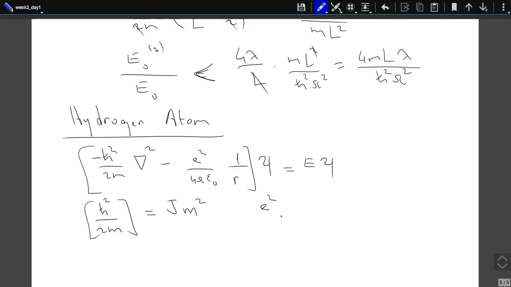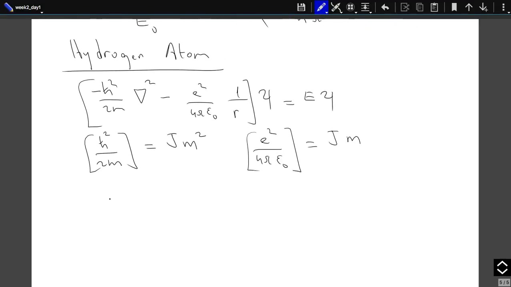What's the unit of e squared over 4 pi epsilon 0? Well, joule times meter. The ratio?